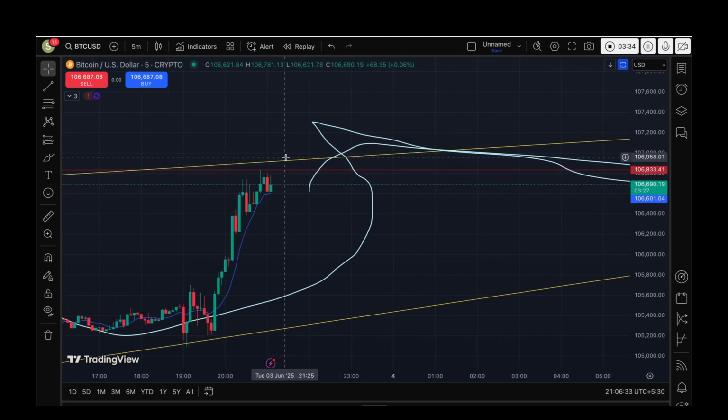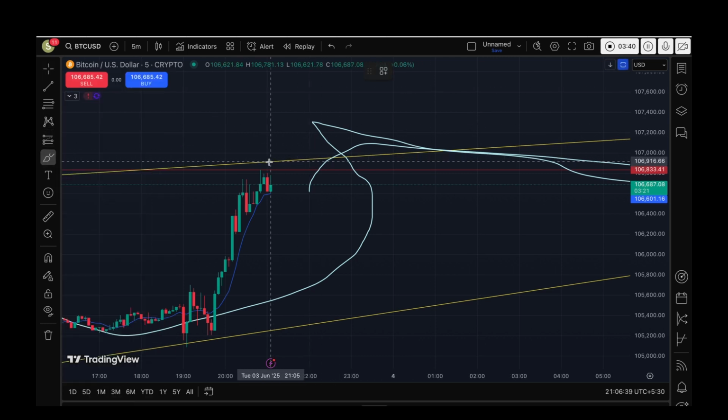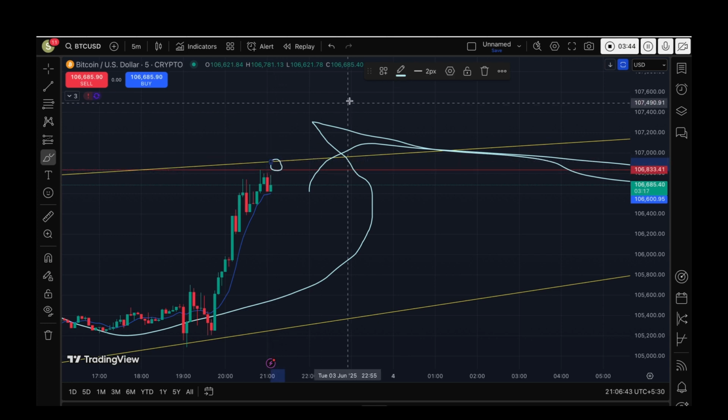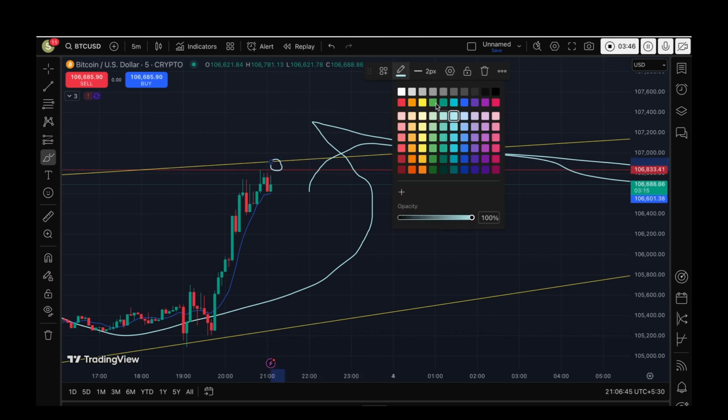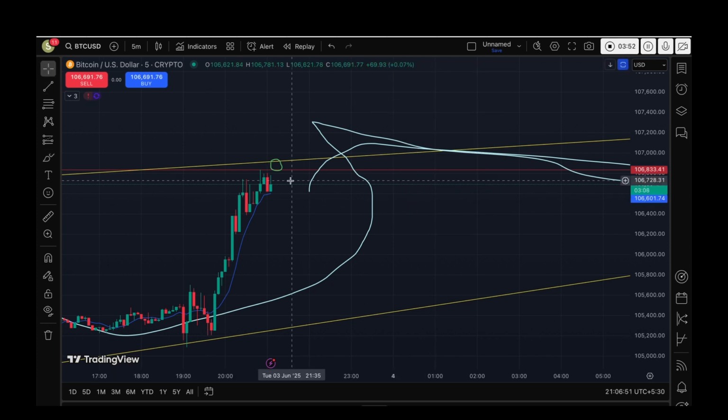If the market is crossing this and creating one green candle nearby, and if you can see this trend line is green, then we can consider the market will go upside, but let's wait for that.